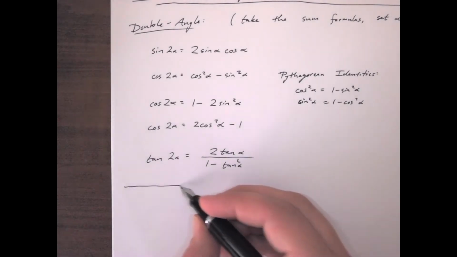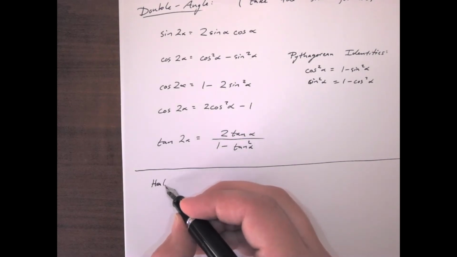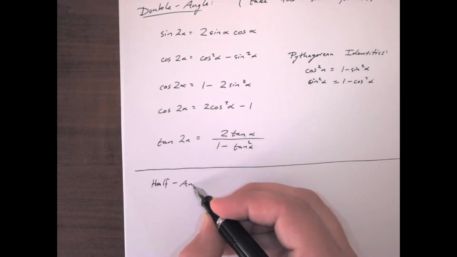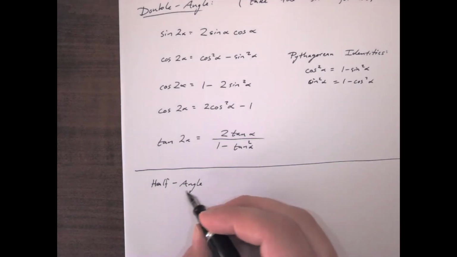Now, for the half angle formulas, the ones that we're going to actually make more use of than the double angle formulas in this course. But, like I said, the double angle formulas have their uses in calculus especially.